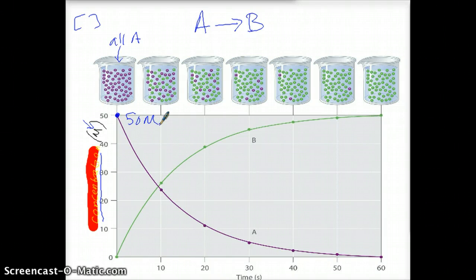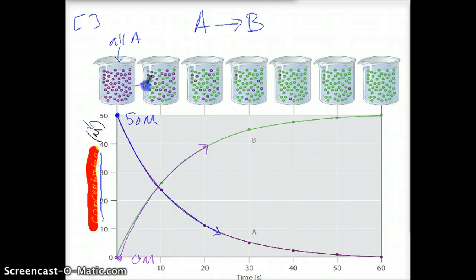And over time, those molecules of A are turning into B. So what's happening to the concentration of A? Well, it's dropping over time because A is getting turned into B, which starts at a concentration of 0 molar and slowly increases as those molecules from A get turned into B.